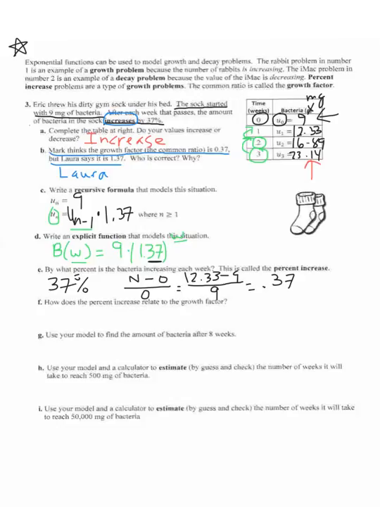How does the percent increase relate to the growth factor? So the growth factor is 1.37, and the percent increase is 0.37. So it's 0.37 more than 1.